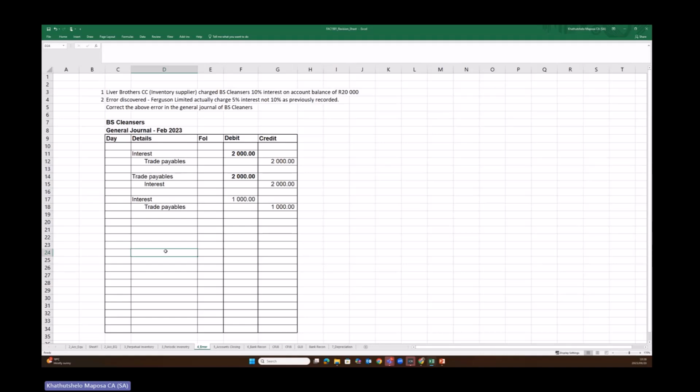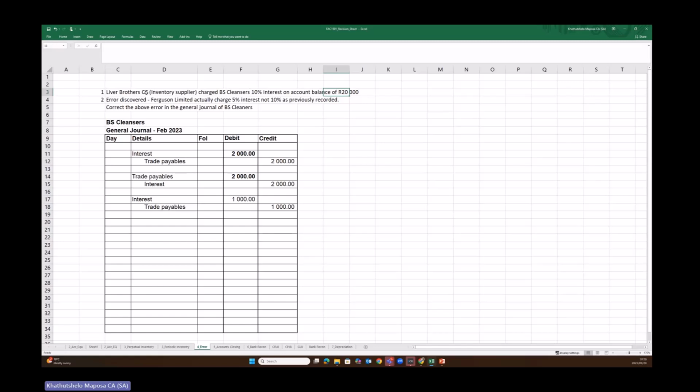Yeah, but remember what I'm showing you here is how to correct the error. Because remember, the actual transaction here, if we were not told about the error, we're going to just be told that they record the interest on the remaining balance, 20,000 balance, meaning on the trade payables account, this 20,000 is sitting somewhere as the balance on the credit side.